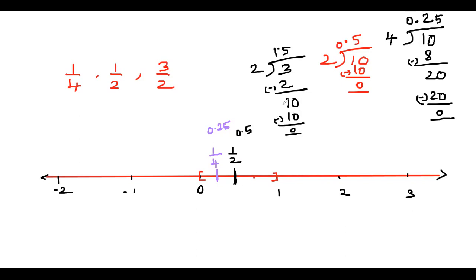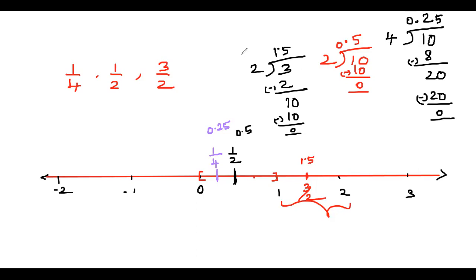So you will have 1.5. What do you mean by 1.5? 1.5 means it's in the middle. It's greater than 1 and lesser than 2. You will have 1.5 over here. So here you will have 3 by 2. Understood? Yes, ma'am. So this is how you will represent the rational number.